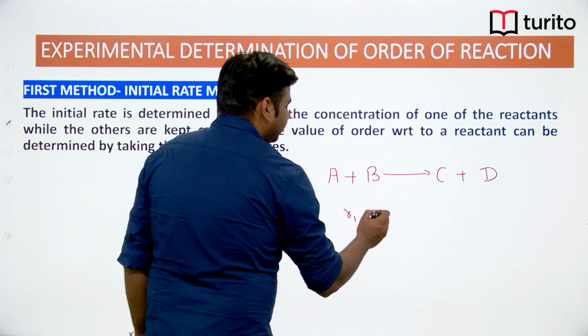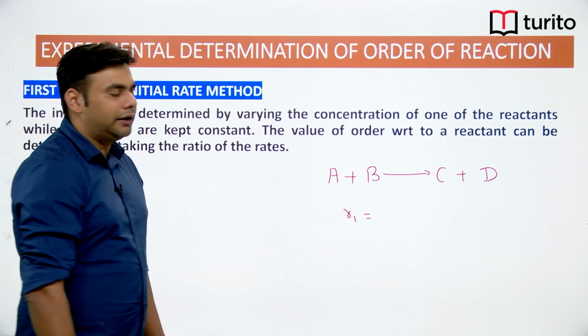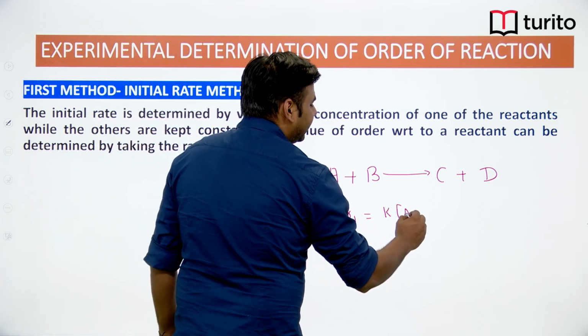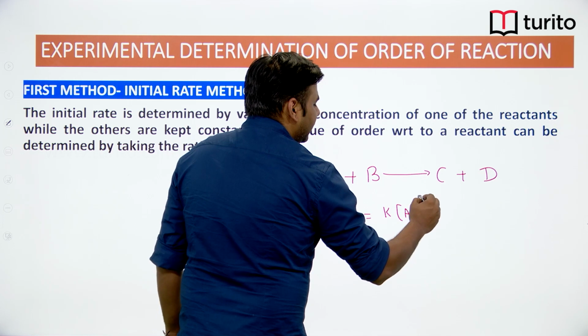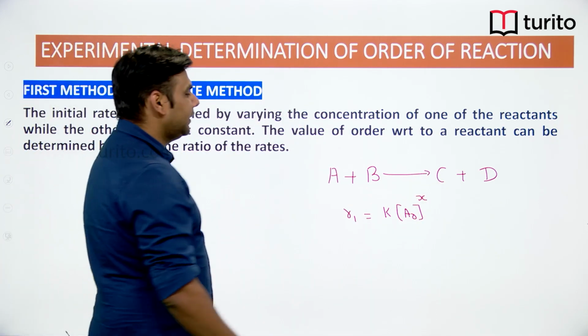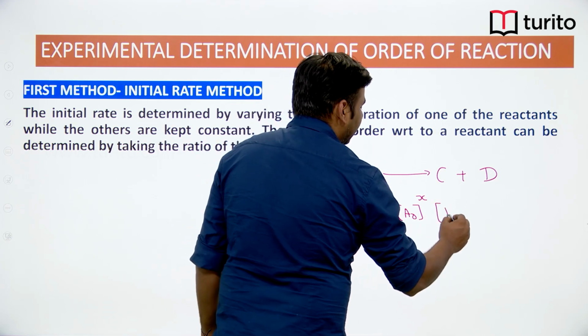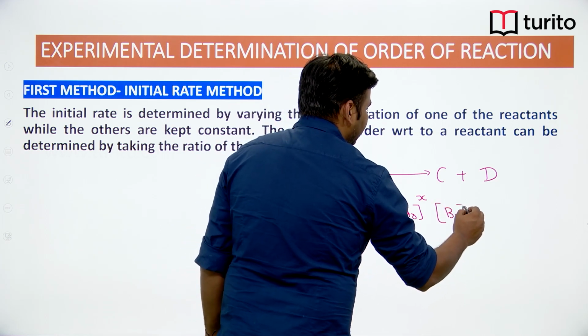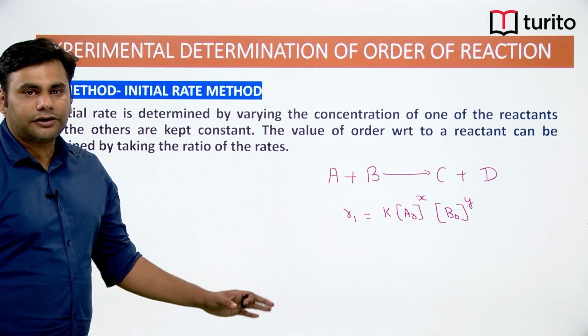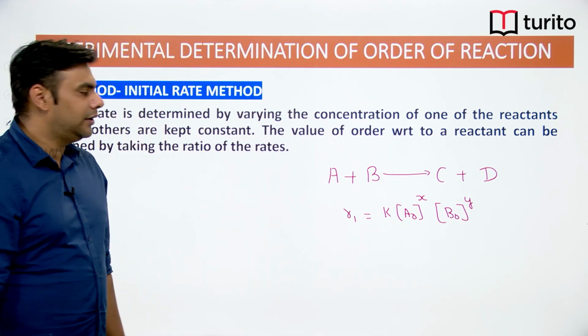Suppose we take some concentration of A, which we write as A naught, and suppose the order with respect to A is x. Suppose we take the concentration of B as B naught, and the order with respect to B is y.